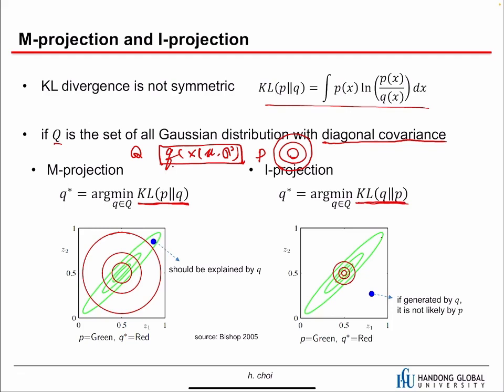Okay, it's much smaller than before. So why do we have this kind of different result? Why? In this case, on the left side, for example, this blue dot should be explained by Q.